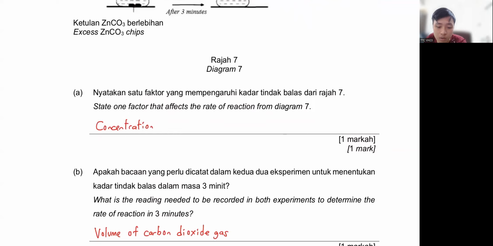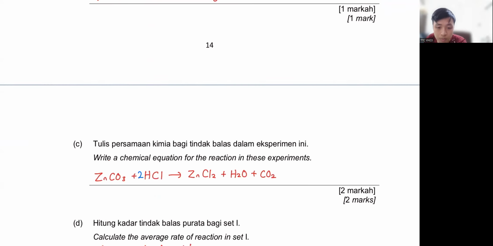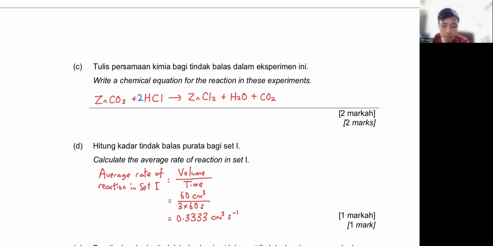So 3 times 60. Here you can write 3 or 4 significant figures, cm cube per second. If you want to write cm cube per minute, it's not wrong. Here it will be 20 cm cube min -1. But normally I suggest seconds, unless they ask for cm cube per minute.